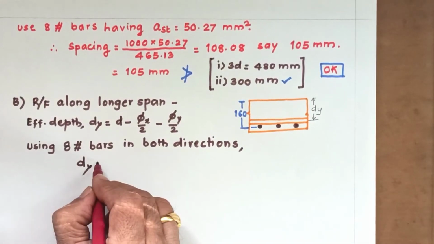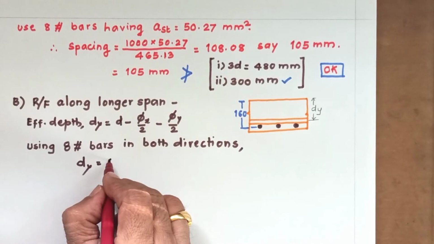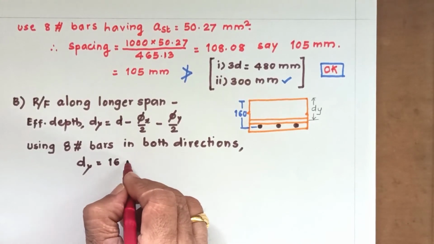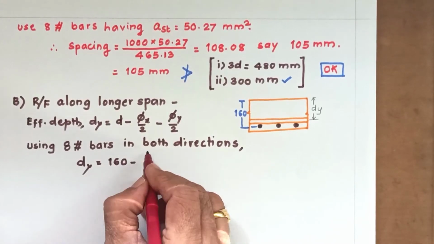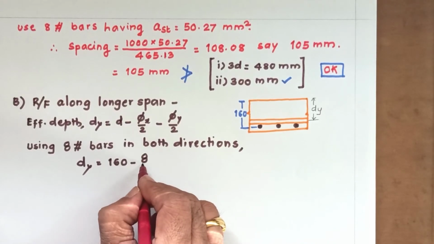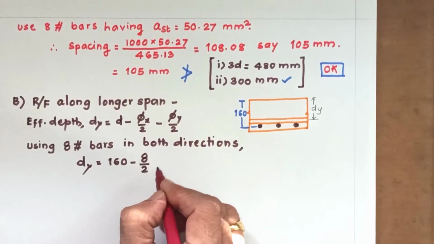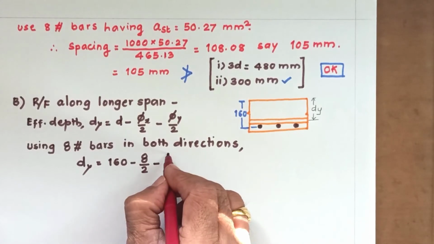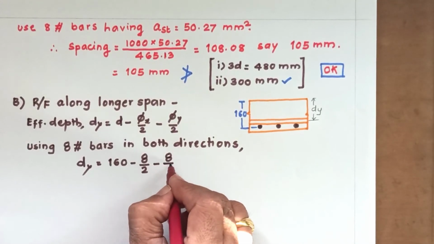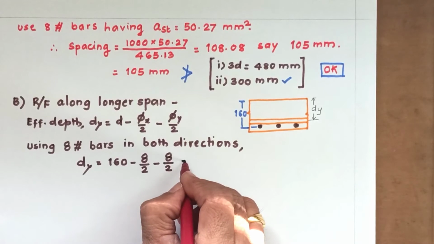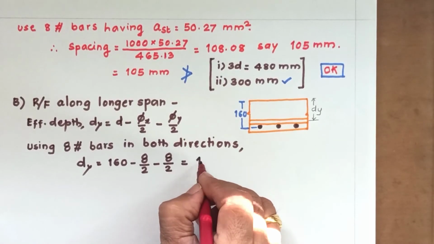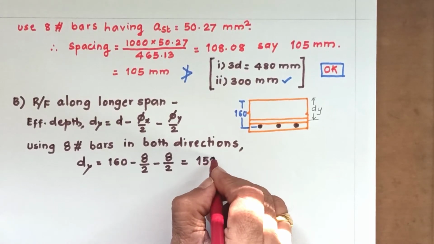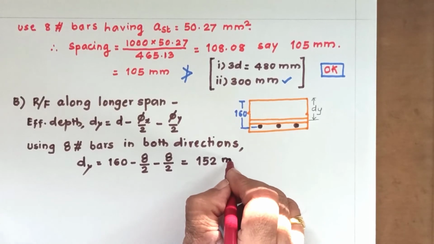What is d? 160 minus 8 by 2, that is half the diameter of the bar along the short span, and half the diameter of the bar along the long span. So this will come to be 152 mm.